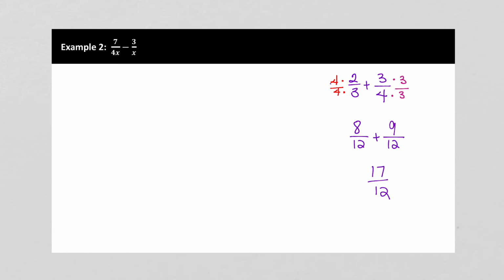Well, we're going to do the same thing over here. The same idea. So we've got 7 over 4x minus 3 over x. What would our common denominator be? Well, in this case, both 4x and x would go into 4x. So we can keep our 7 over 4x just like it is.